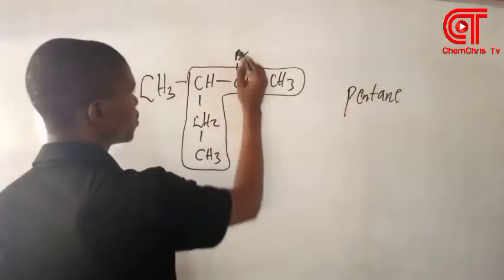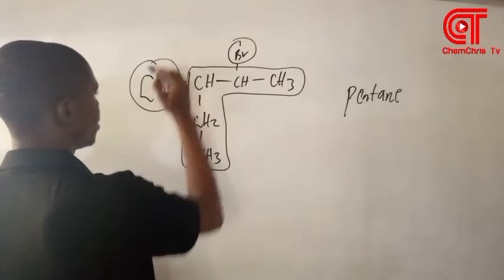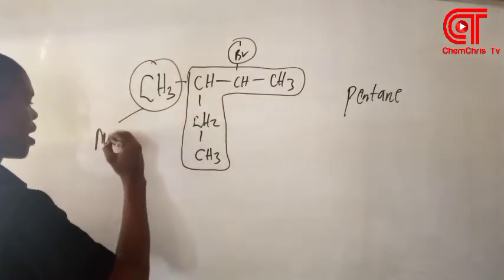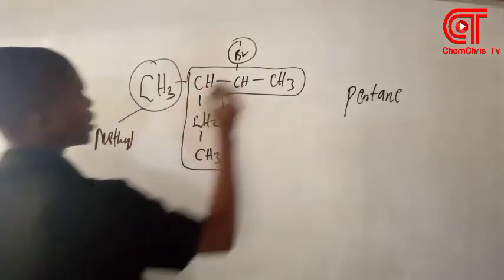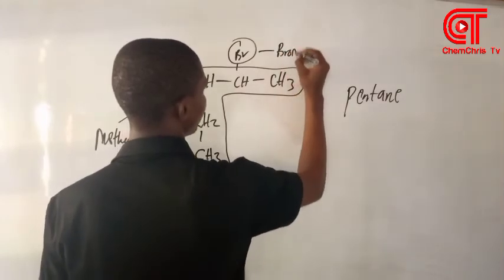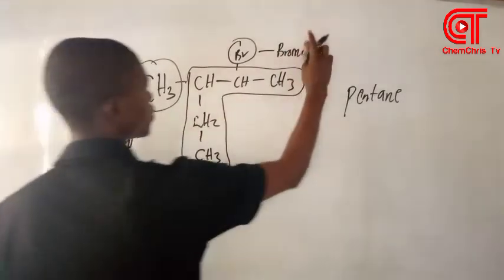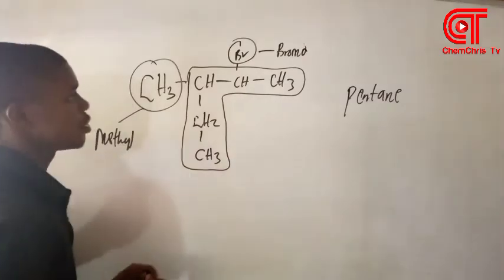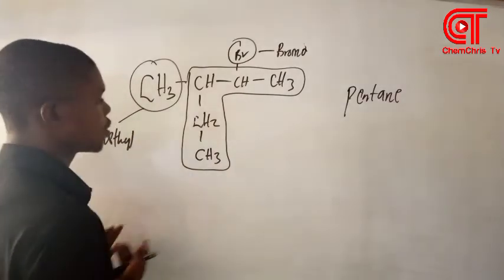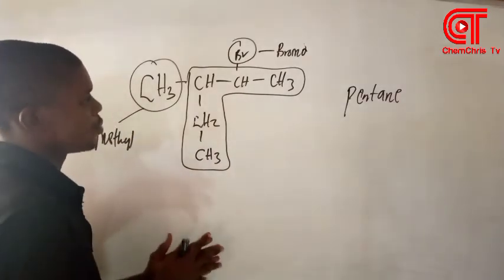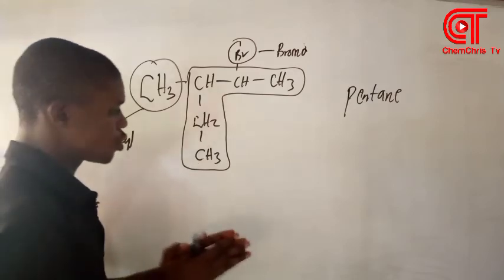Yeah, but this one is a substituent here. Here is methyl. Here is bromo. You get? So the next one is numbering: the summation of the positions of the substituents must have the lowest possible number.